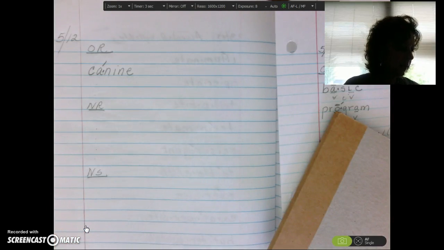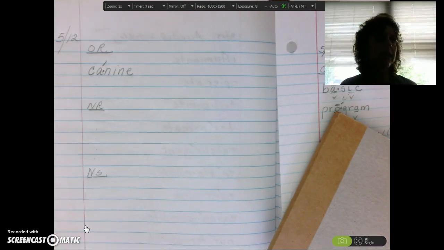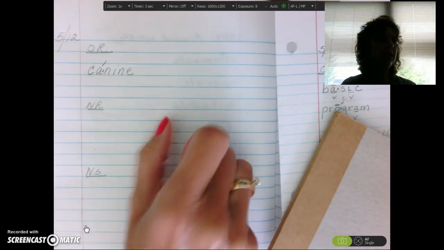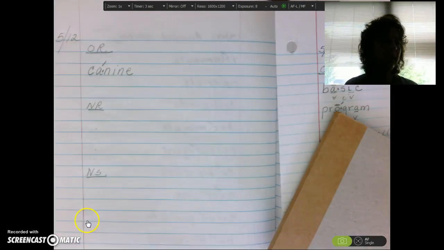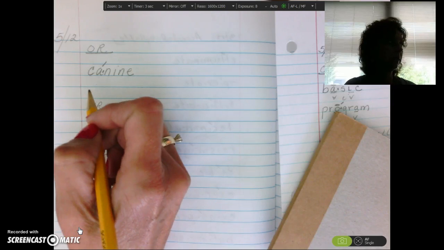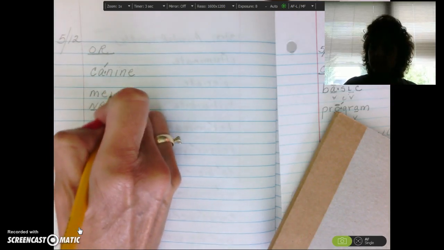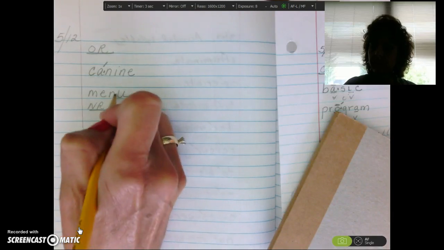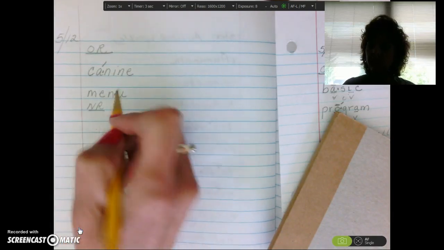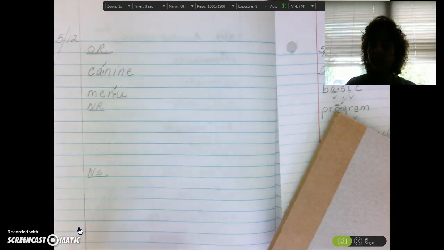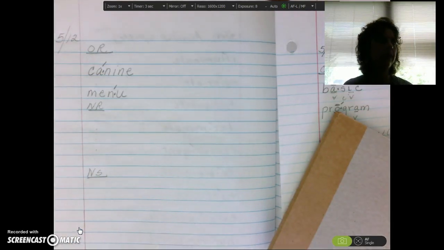Your second word is menu. Men-you. This is how it should have been spelled, this is how it should have been divided in syllables, and this is where the accent mark belongs. Make corrections if you did not.